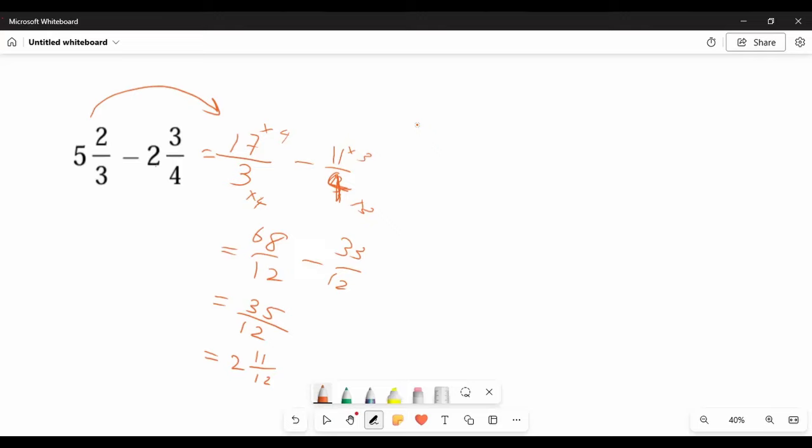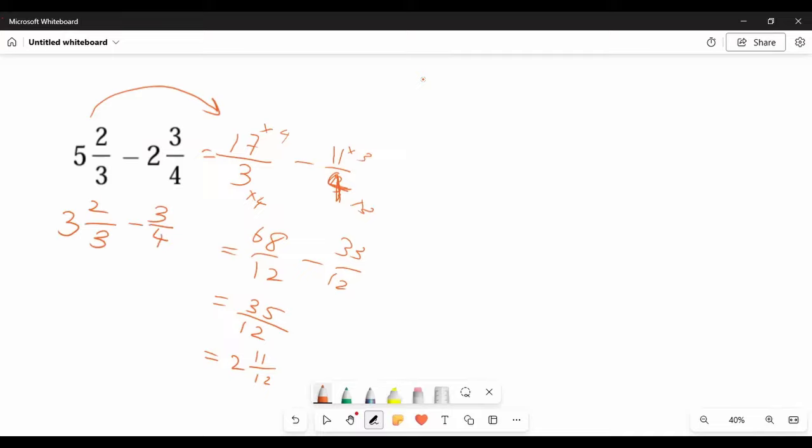I'm going to take away the wholes first. How many wholes do we have here? Five. How many here? Two. So from the five wholes, can I take the three wholes? We can. So it's going to be 3 wholes, 2 over 3 minus 3 over 4.